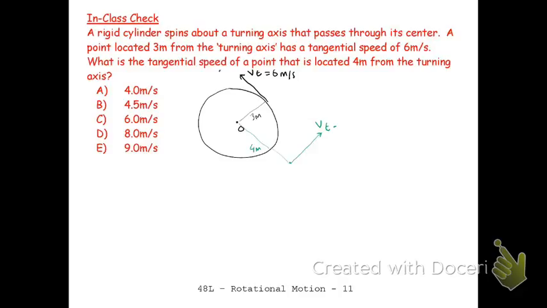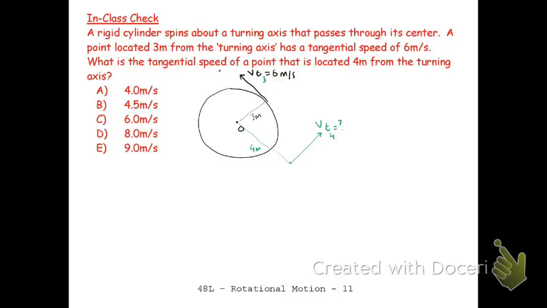Vt equals. Let's distinguish between these. Let's call this Vt4. Let's call this Vt3 so I don't get the two of them confused. I want an equation. The velocities are not the same and the radii are not the same, so I can't put those equal to each other.